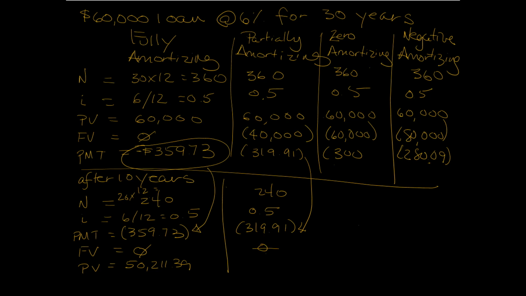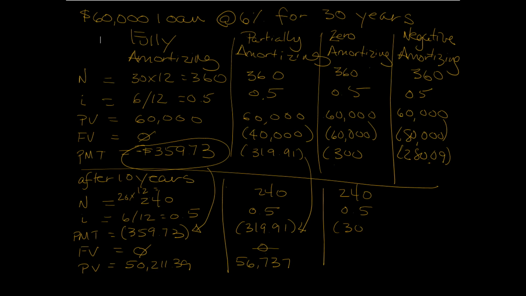The interest rate, I, in all three cases will be 6 divided by 12, or 0.5%. And we will use the payments that we calculated before. So for the partially amortizing loan, it's negative $319.91.